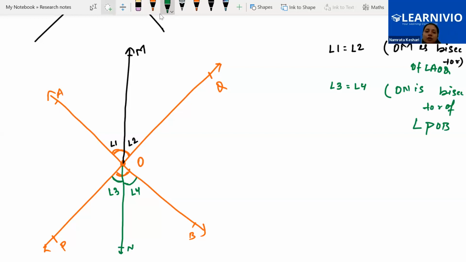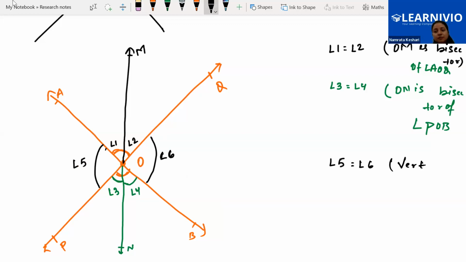Now we can take it like this. Let's take this one as angle 5 and this one as angle 6. We also know that angle 5 equals angle 6, vertically opposite angles.